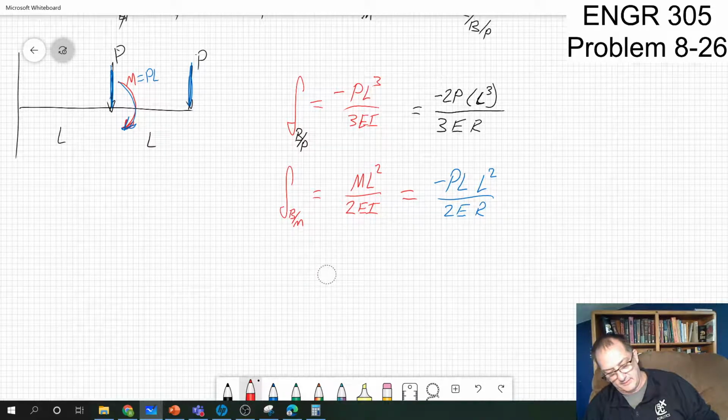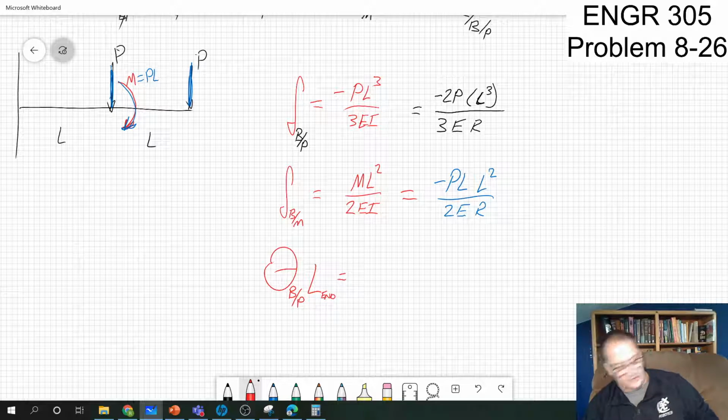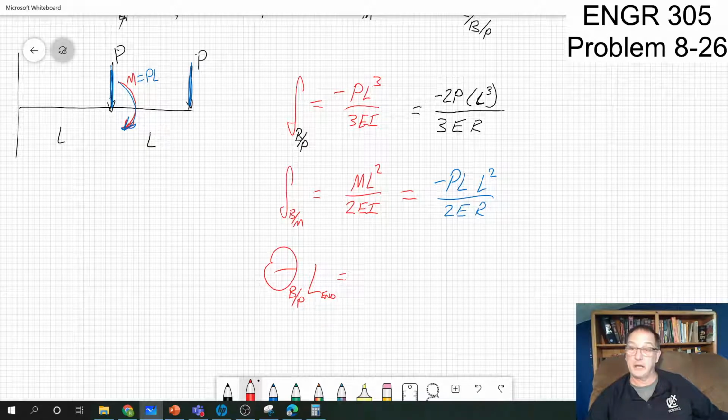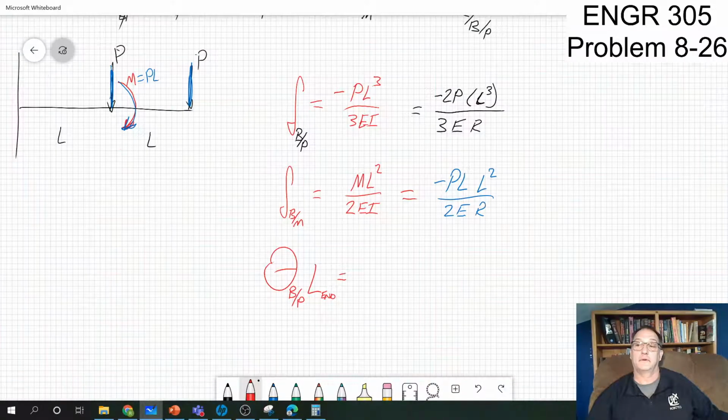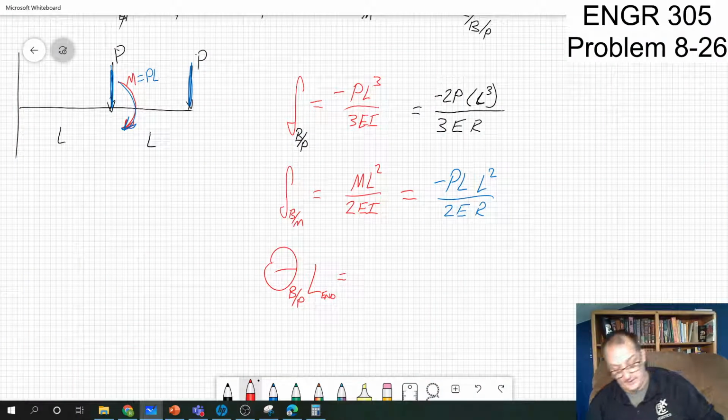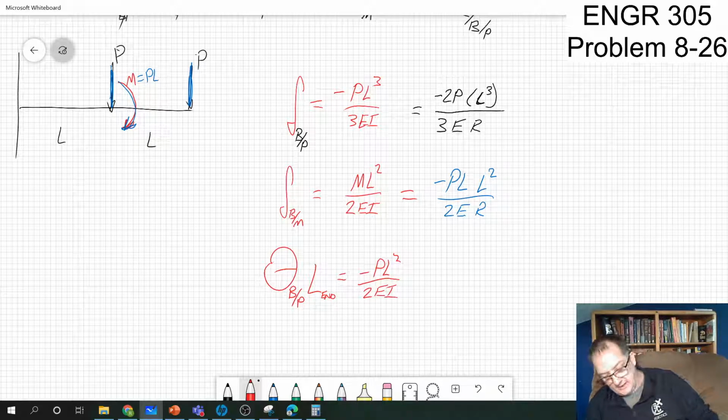The term I'm trying to solve is theta at B from the point load times the length out to the end. Going back to my equations, that theta is minus PL squared over 2EI, right? Minus PL squared over 2EI, and then the length to the end.